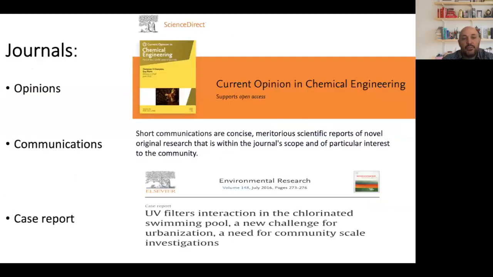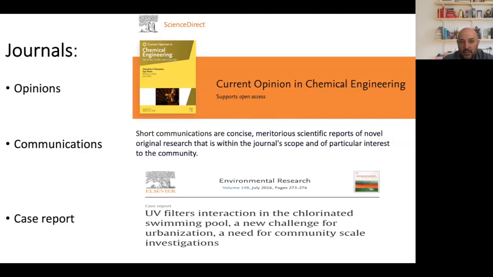We have a lot of different types of journal articles that are also very helpful for finding a good research topic. Some journals accept certain types of articles to publish as opinions, communications, or case reports.